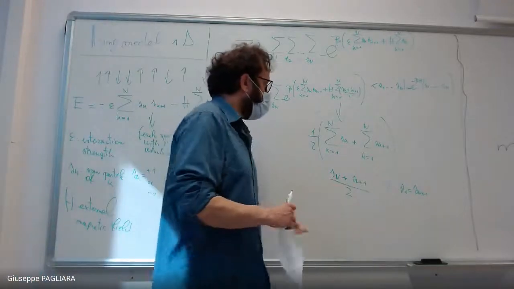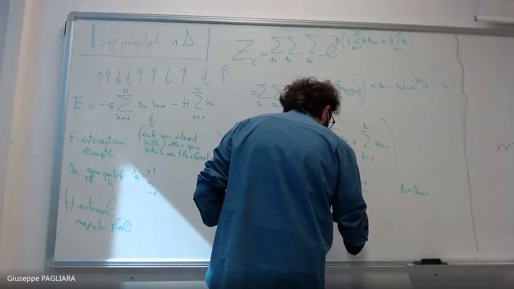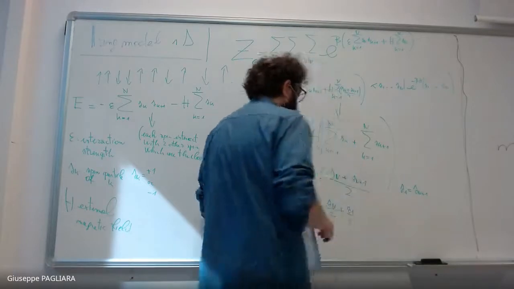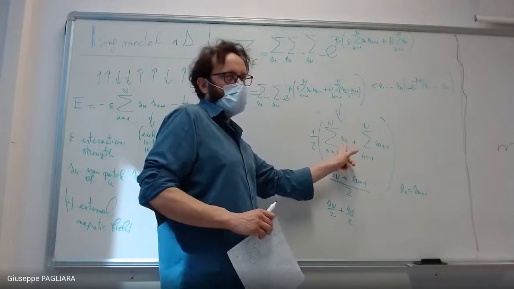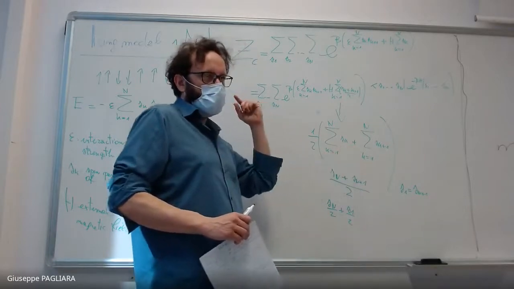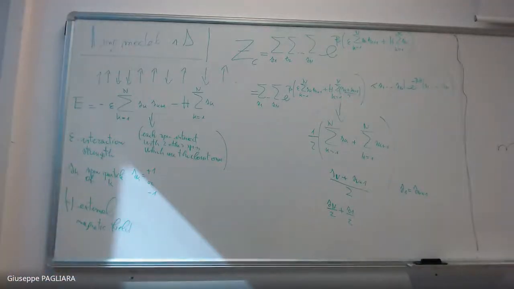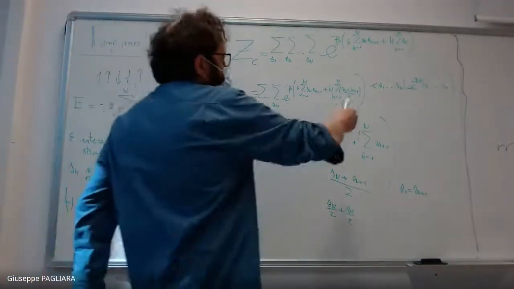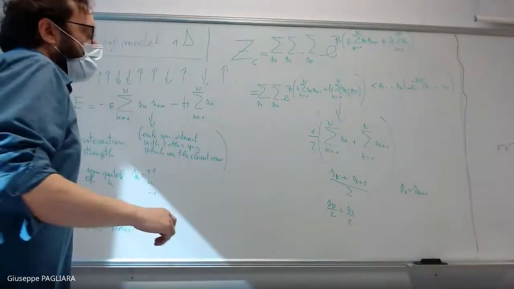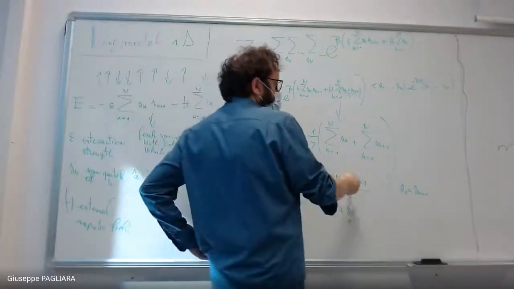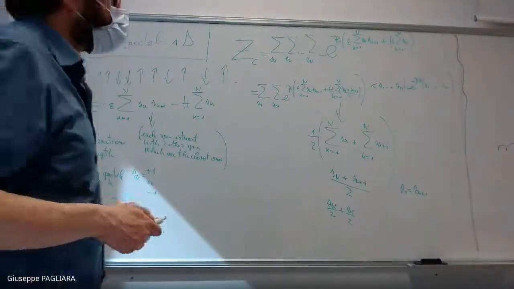So here we get basically S_n half plus S_1 half, and S_1 half will sum with this first S_1 in order to get S_1. So you can convince yourself that this expression is equal to this one, due to the fact that we are taking the boundary condition in a periodic way.